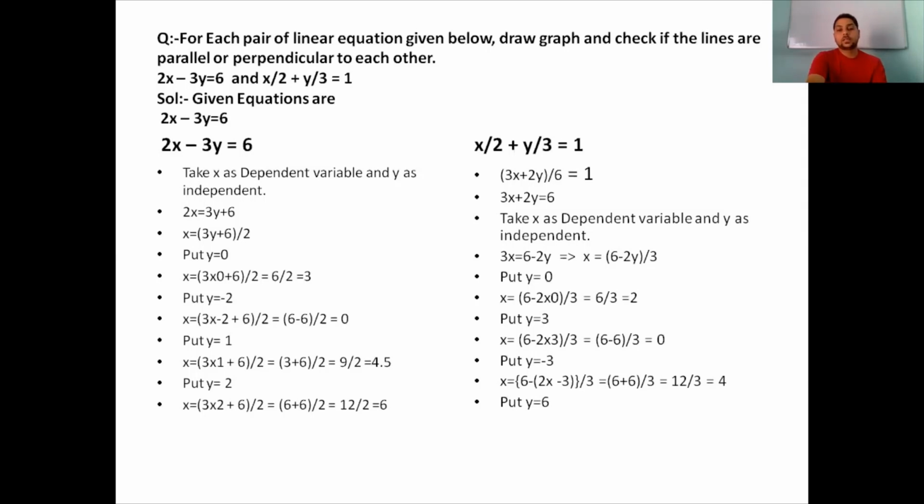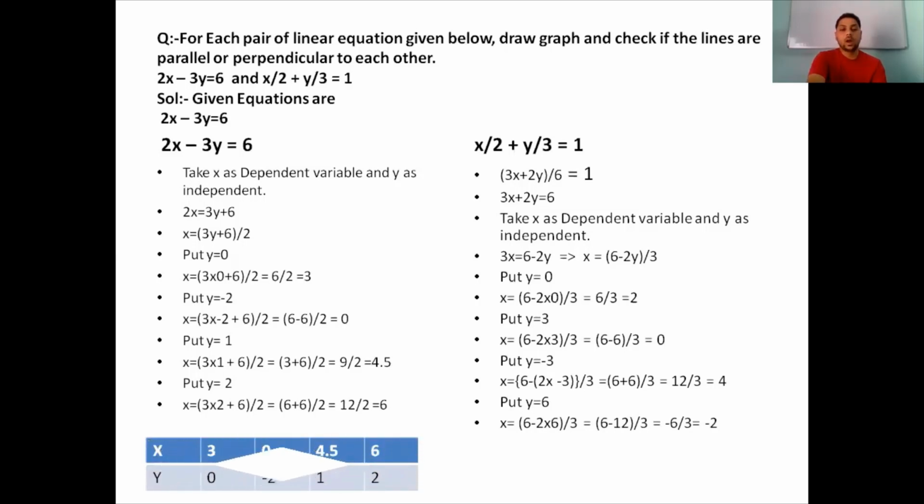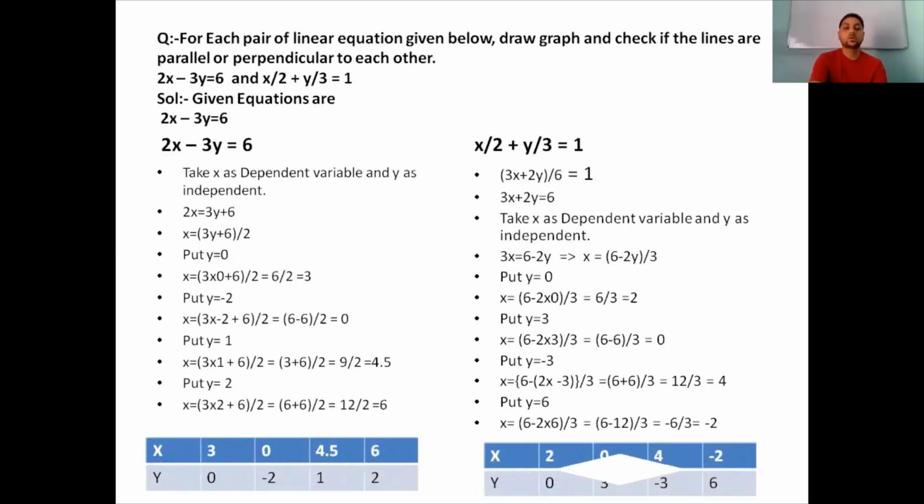Here we substitute different values of y and find the value of x here. Now we'll again make a box of this here. We substitute the value of y and we get the value of x. So on substituting these different values of y, we have values of x here.